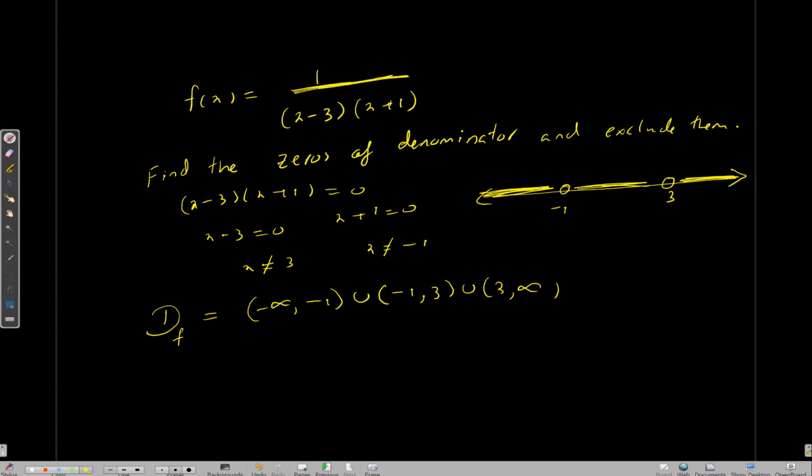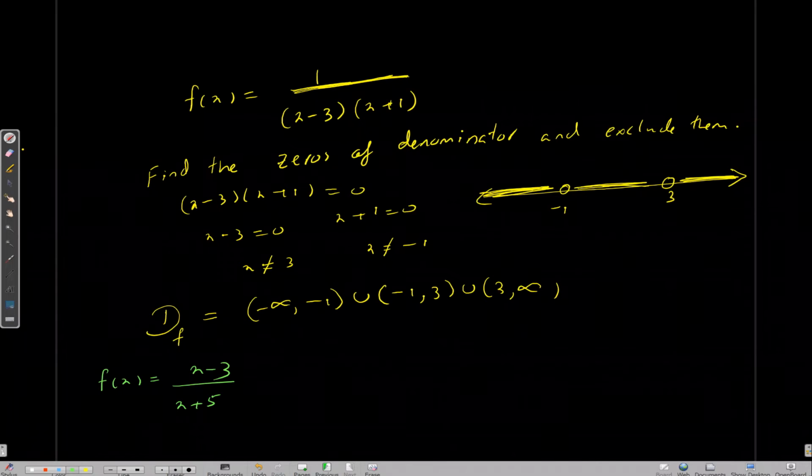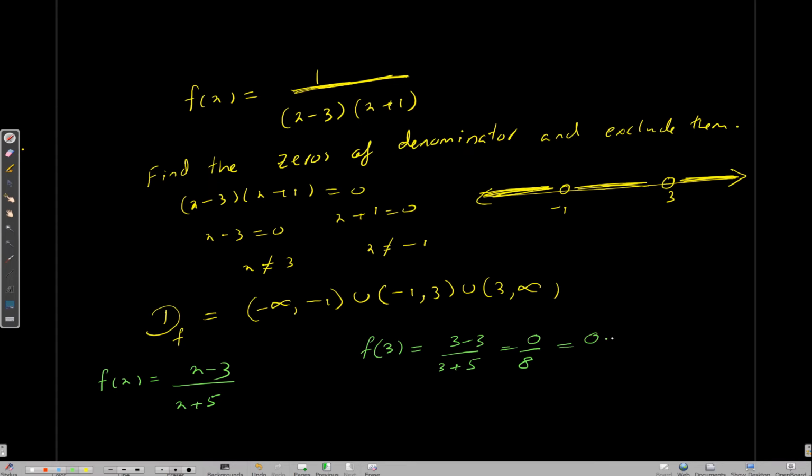So remember, a rational function means something over something. You just need to exclude the zeros of the denominator. How about this example? What if you had f of x equal x minus 3 over x plus 5? Now there are special places, right? So f of 3, check this one, 3 minus 3 divided by 3 plus 5. So 0 over 8, that is acceptable because 0 over 8 is 0, a nice number.